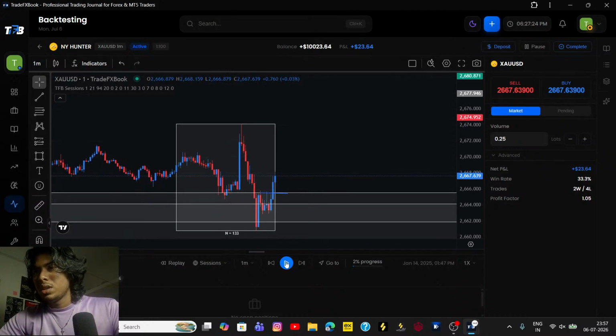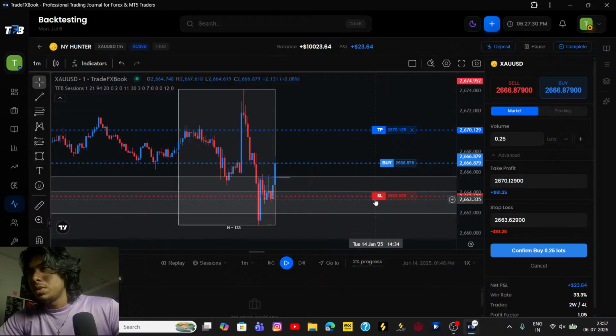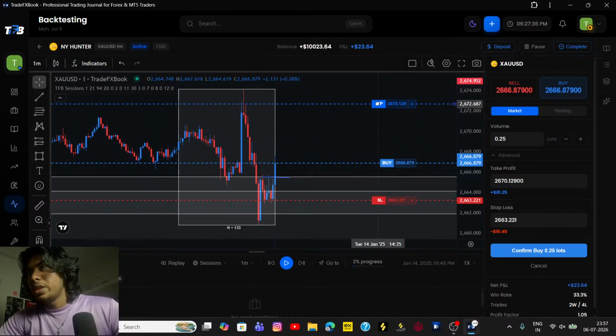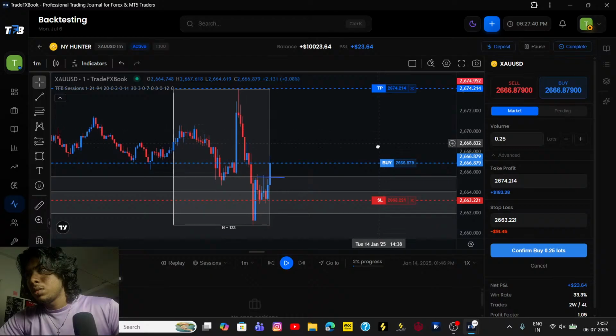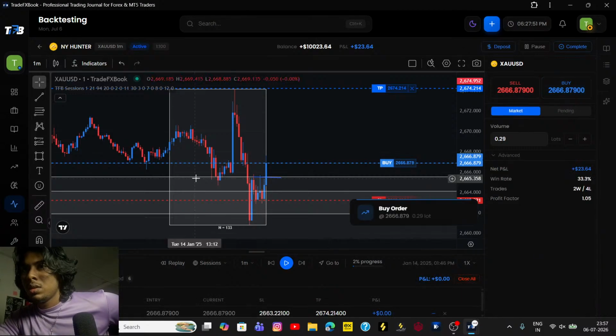Okay, I would have bought here. As simple as that. SL will be this as shown. $180. Great, let's create the buy.